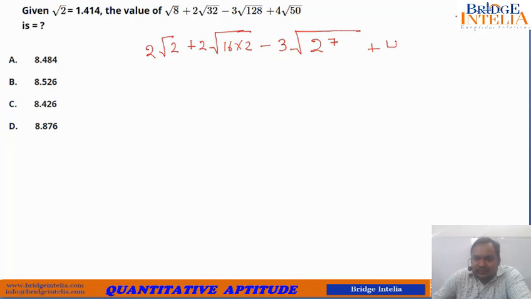So 4 under root 2 into 25. So this is what we require to find this out. So let's simplify this. So we have been asked to find out 8 root 2.